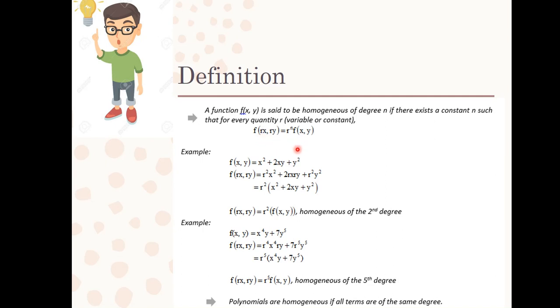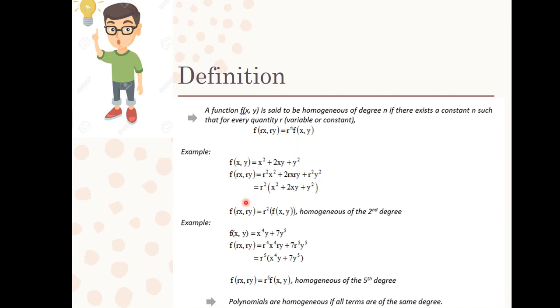Then, if the resulting function is exactly the same in form as the original, after you have factored the expression of r raised to n, then your function is said to be homogeneous of degree n.